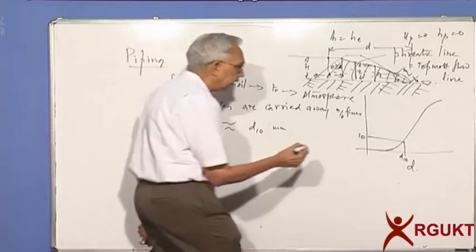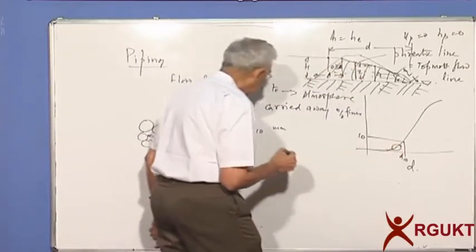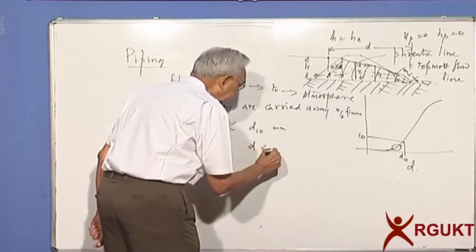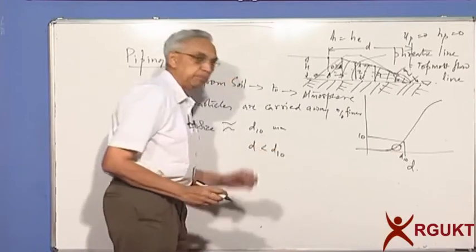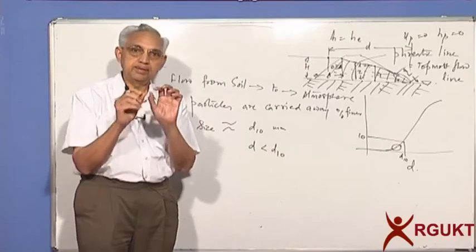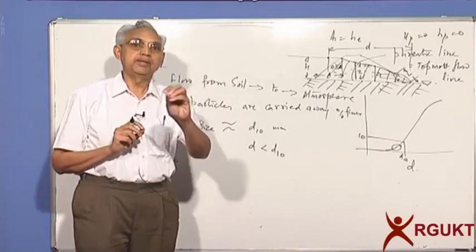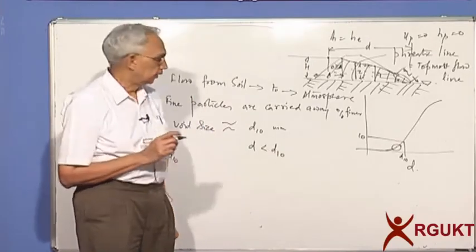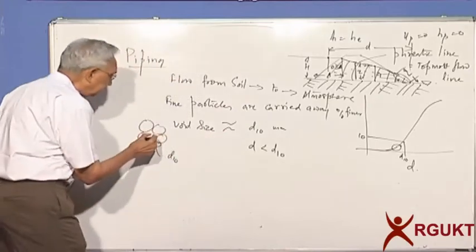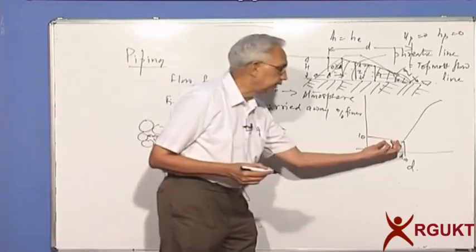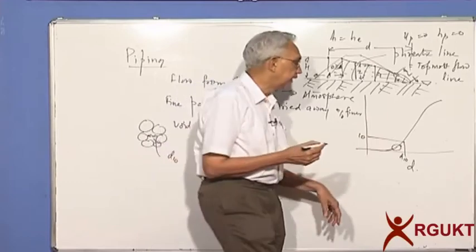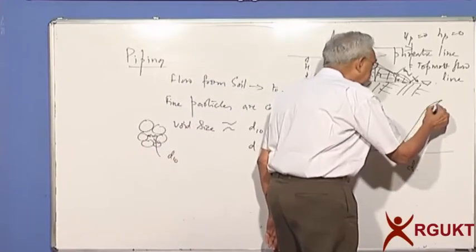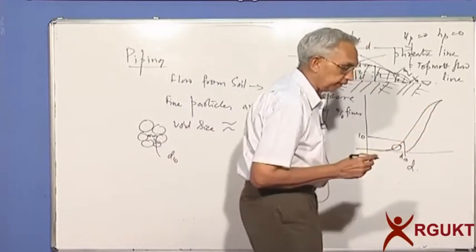If I have particles which are finer, whose size is less than d10, if the particle size is smaller than the void size, the particle will go along with the water. So what will happen is, through this, all the finer particles will go away, and now suddenly you will find that the grain size distribution has become coarser.